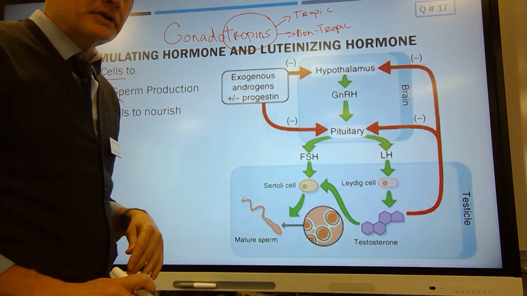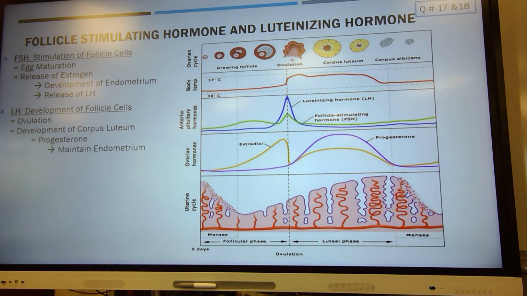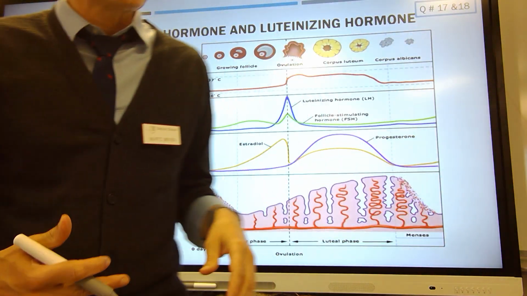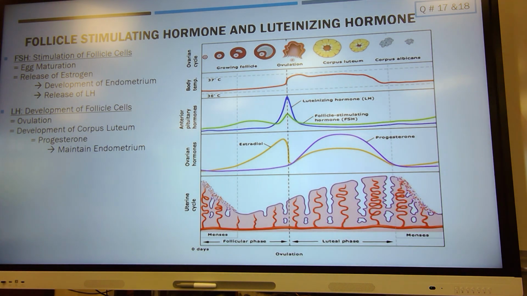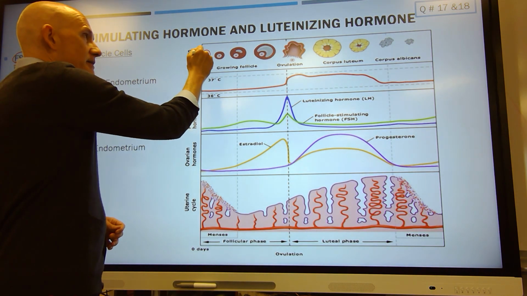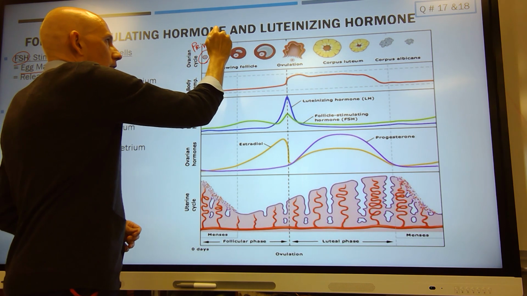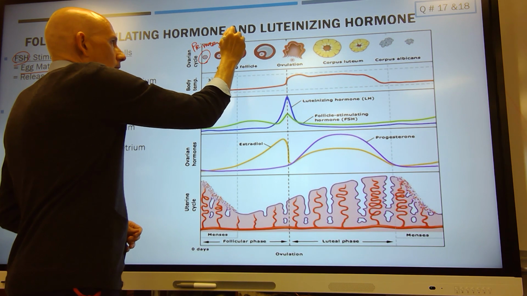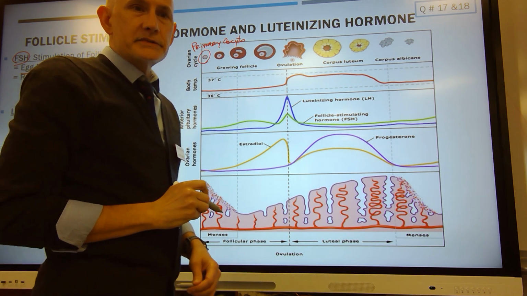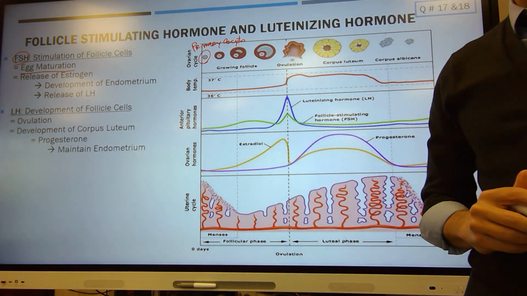In the female reproductive system, we are going to have much more complicated processes. Our follicle stimulating hormone is going to mature the egg. If we remember, our primary oocyte was developed in utero in the first few months of development.